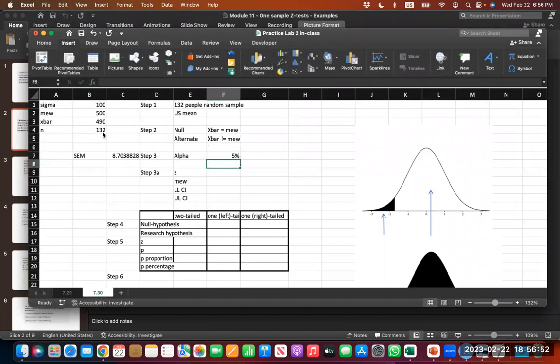The alpha is 5%, set equals X bar minus mu divided by SEM. The X bar, so same error here, X bar equals 490.